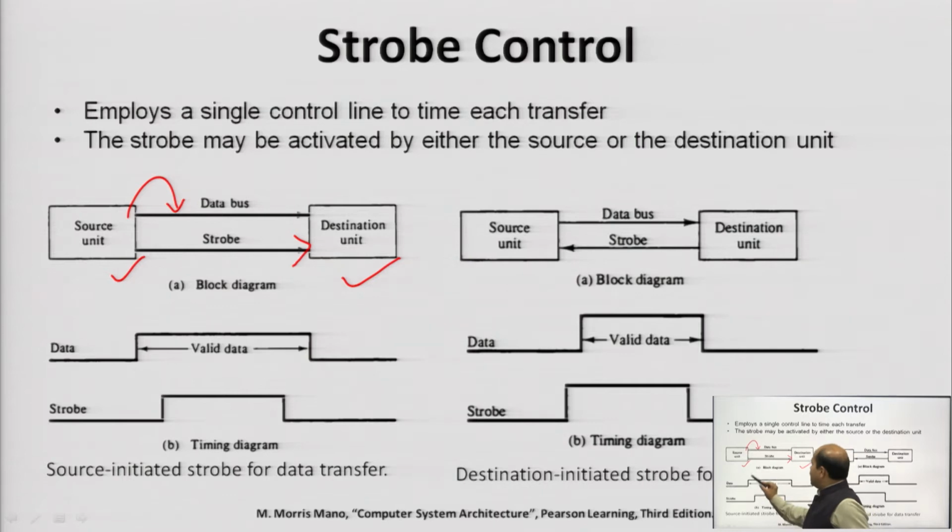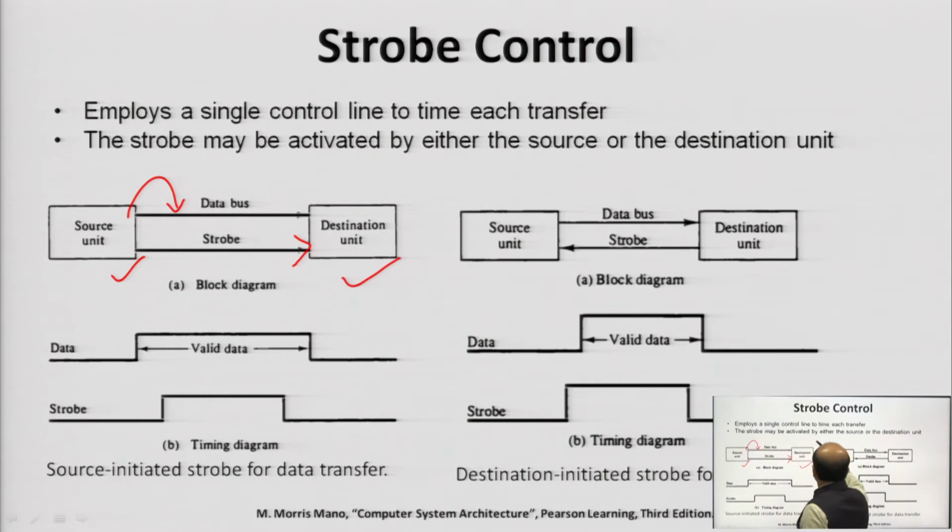First the source unit will enable the valid data, then it will enable the strobe or control signal, informing the destination that the data is going to be transmitted and it can receive the data.